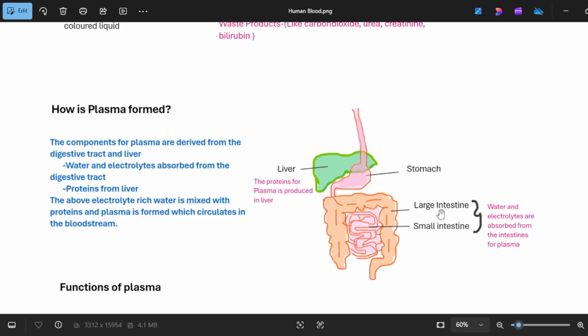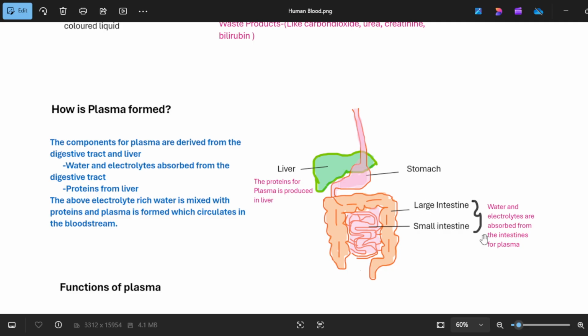Okay, how do they get that? Through our digestive system. We eat food, drink water, that goes to the small intestine and to the large intestine. So that's where this water and all the other ingredients are absorbed. So it is very important that you eat proper food and drink water so that the blood is normal.